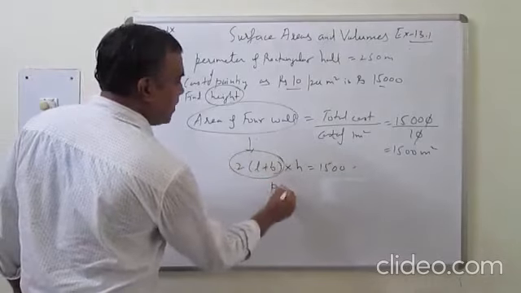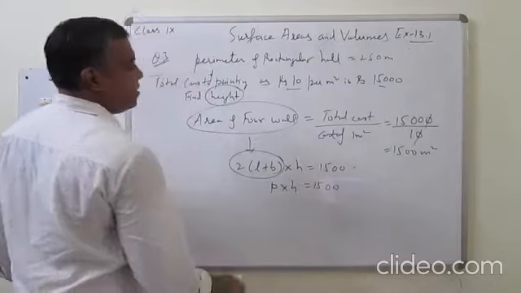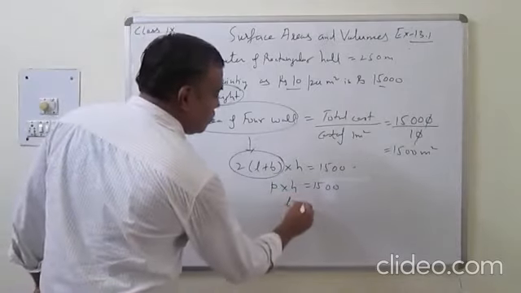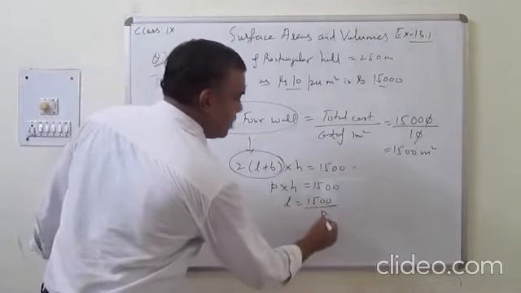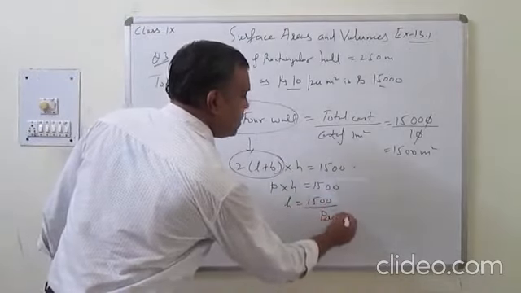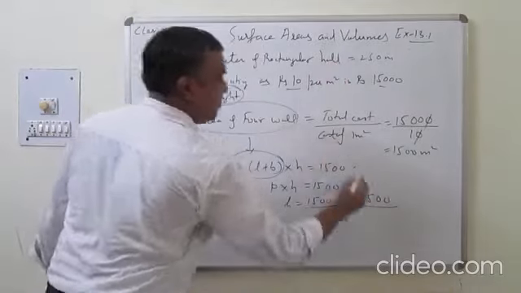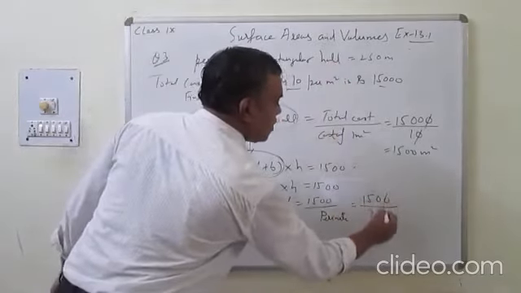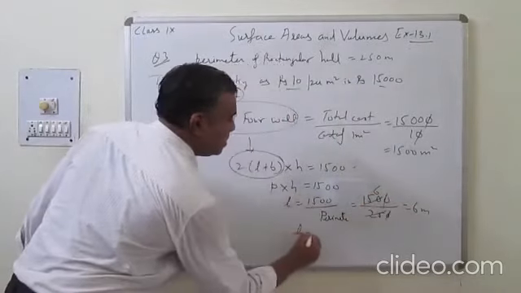So you can write P into H equals 1500. So H is equal to 1500 upon perimeter. And perimeter is given to you, 250. 0 0 cut, 25 6s, that is 6 meter. Height is 6 meter.